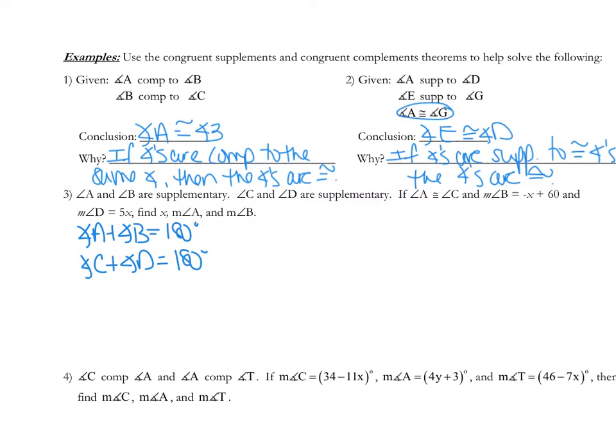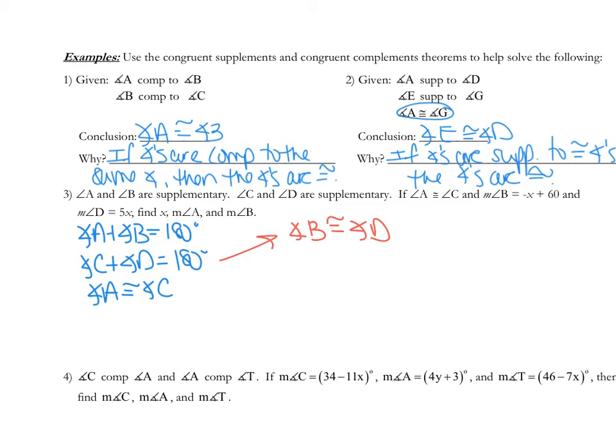And the measure of angle A is congruent to the measure of angle C. So we have, if angles are supplementary to congruent angles, then the angles are congruent. So since these two are congruent, it follows that angle B is congruent to angle D.